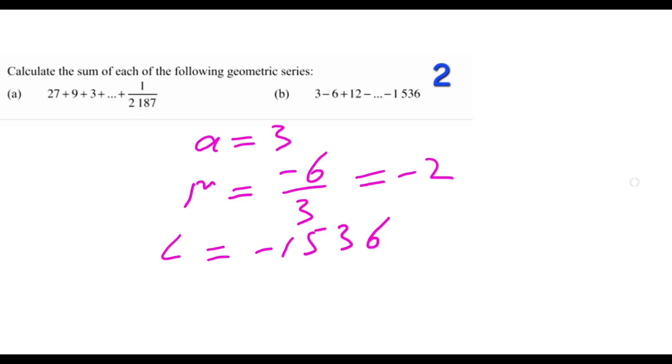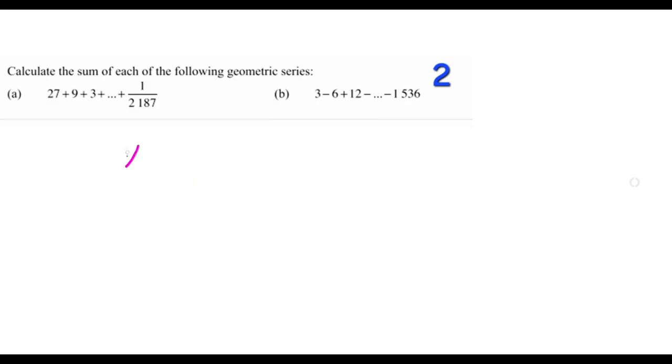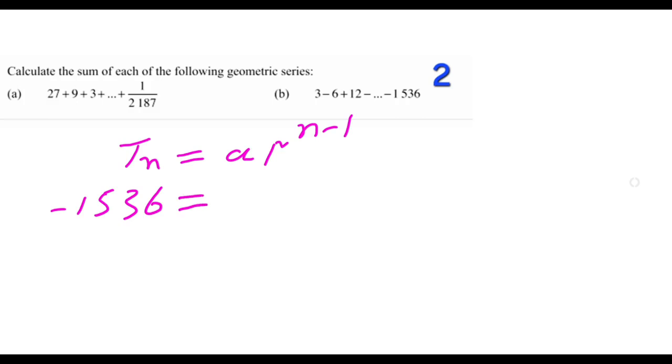Now I need to determine the number of terms. So Tn is equal to a r to the power n minus 1. Substituting the values, the last term -1536 is equal to the first term 3 times the ratio -2 to the power n minus 1, because we don't know n.